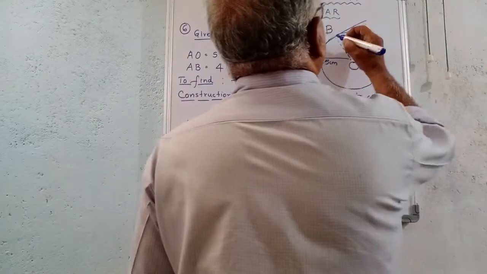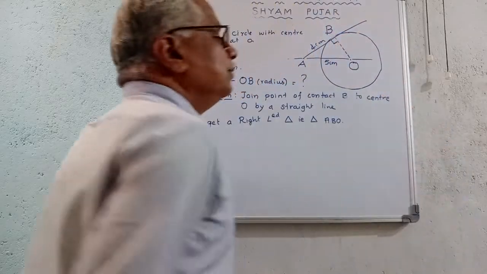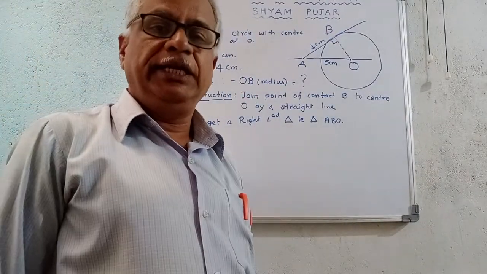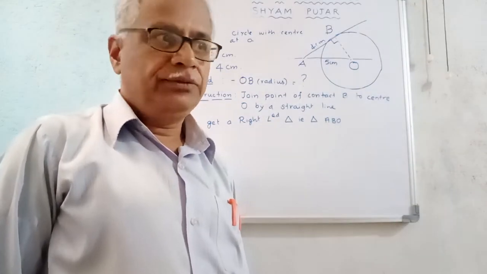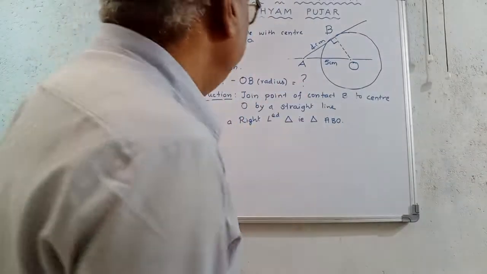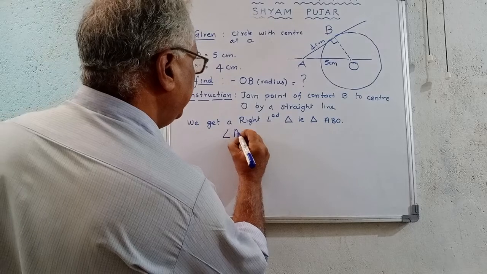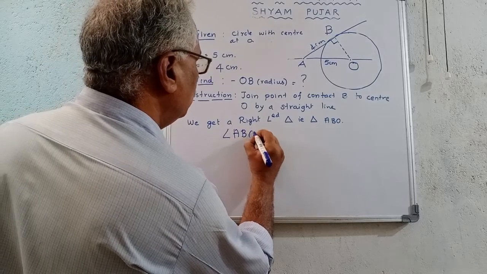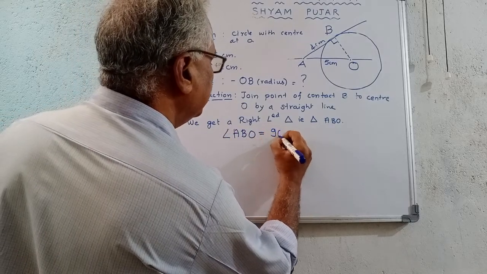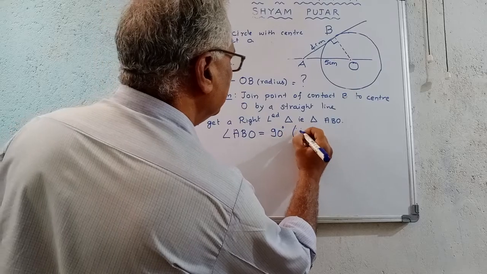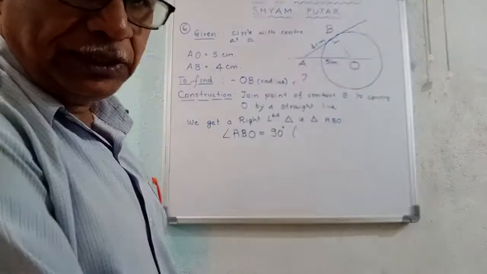They are always at right angles. Hence, we find the angle ABO is equal to 90 degree, because we know the theorem.